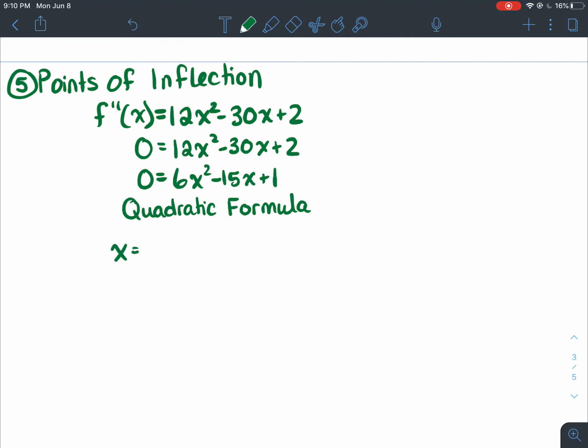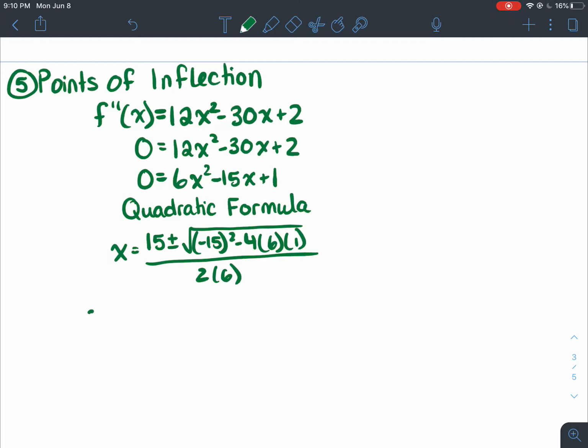So if we did the quadratic formula, negative b plus or minus the square root of b squared minus 4ac, and the whole thing is divided by 2a, you're going to get two values: 0.07 and 2.43. We want to check to see if those are in fact points of inflection, because they might not be.